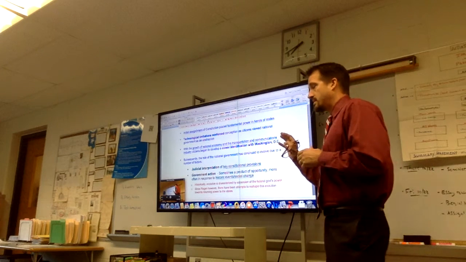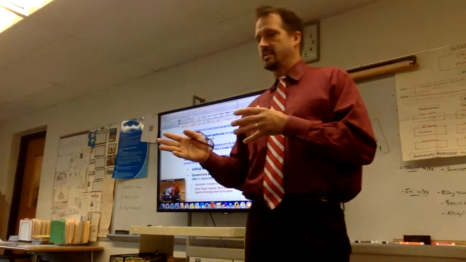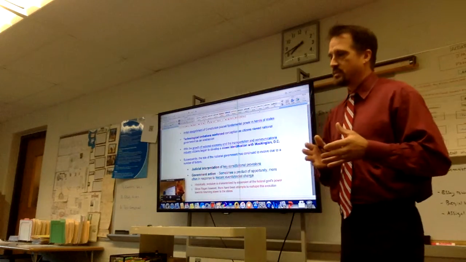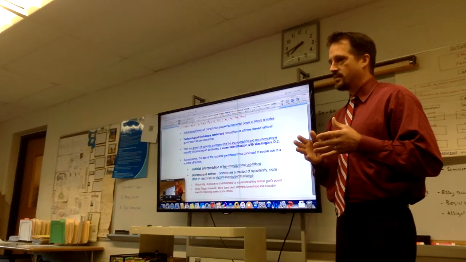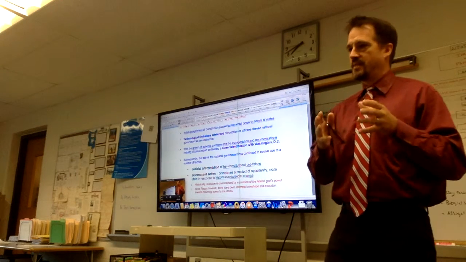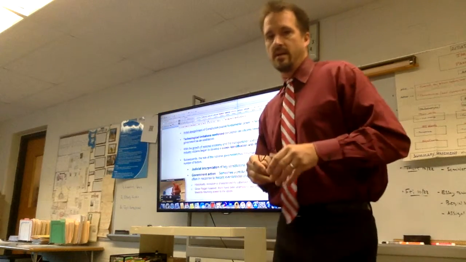But what we're going to look at is, again, some of it is overlap from the last unit. There are a series of ways in which key phrases and key cases have been used to expand federal power. The last time we did this, we talked about just basically keeping the Constitution relevant. So we're going to do the same kind of steps, but we're going to do it now to expand the federal government, okay?